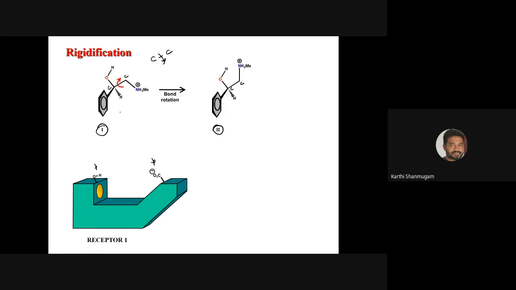The ultimate aim is to fit molecule 1 or its other conformation, 2, inside the binding site. Which one can we fit, or can we fit both the molecules?